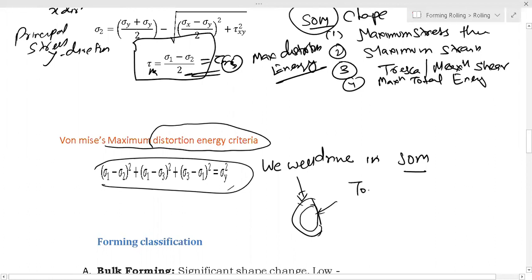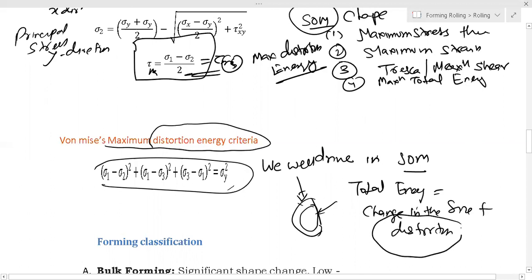So total energy will be consumed in the change of shape, size, plus distortion. So here only this part is taken into account, and we assume that the material fails due to this energy only, distortion energy.